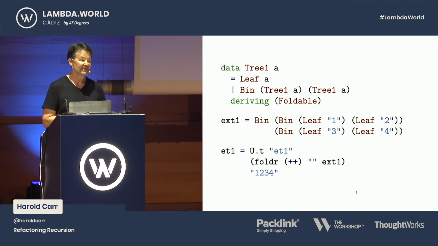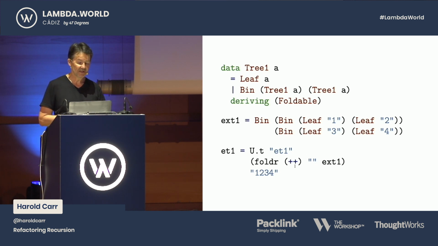And what that does is builds behind the scenes. It allows your functions to be able to use things like foldr. So when I build this example tree, which is just 1, 2, 3, 4, a balanced tree, and this tree is not a balanced tree, I just built a balanced example.